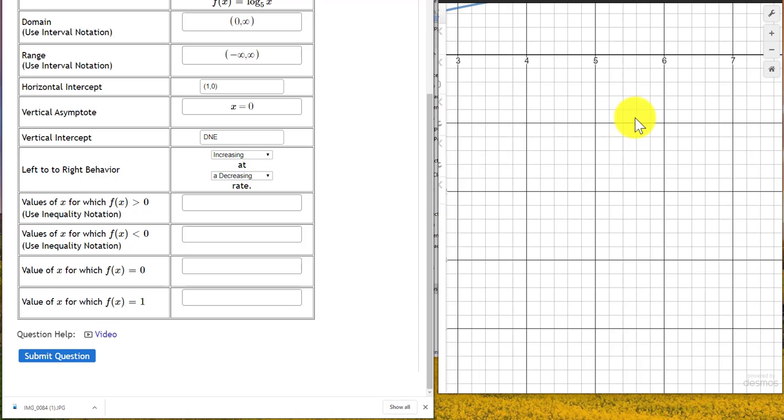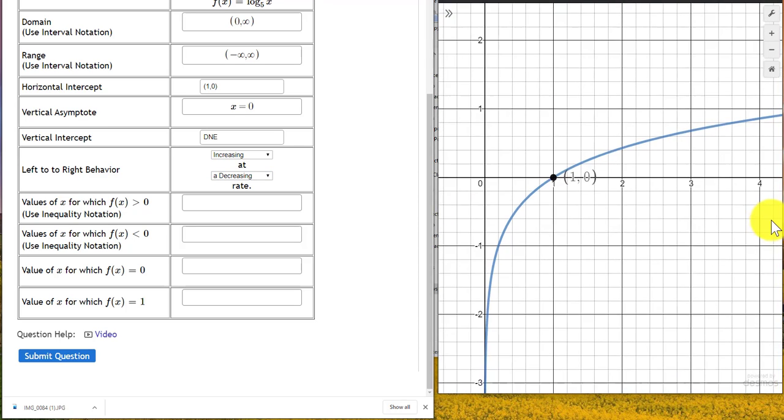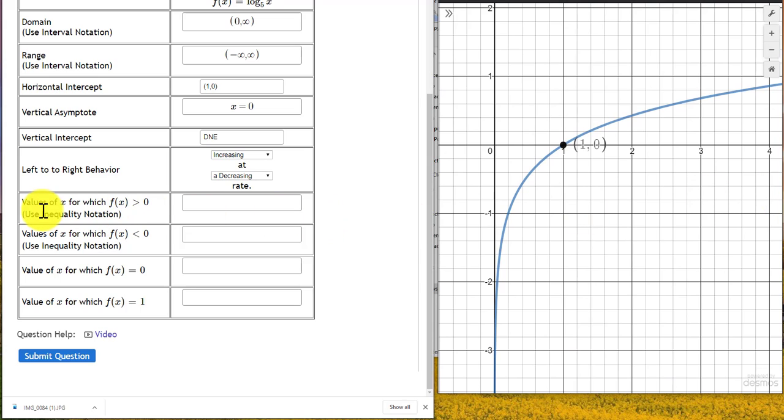Okay, next, let's look at the f of x. What f of x has to be positive. Now, if you see the yellow cursor, here's a y number, and it's positive. Another y number, positive. So here f of x is positive on this whole part. All of this part of the graph has positive y.